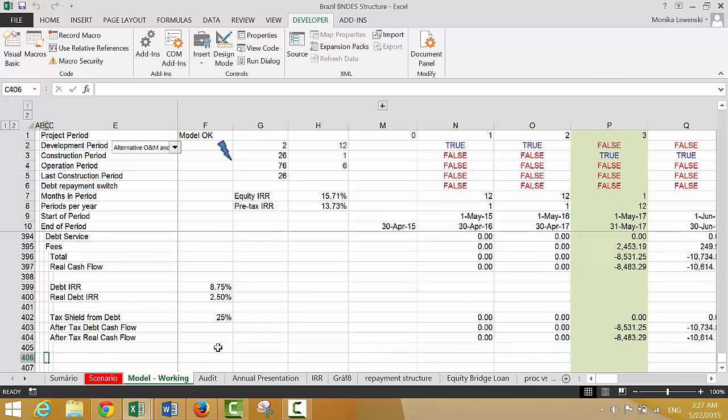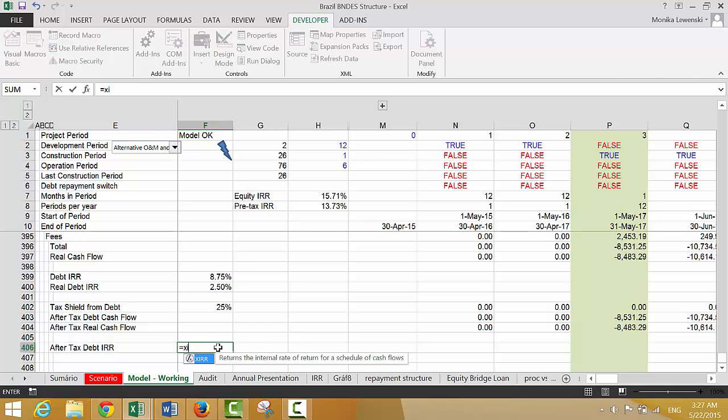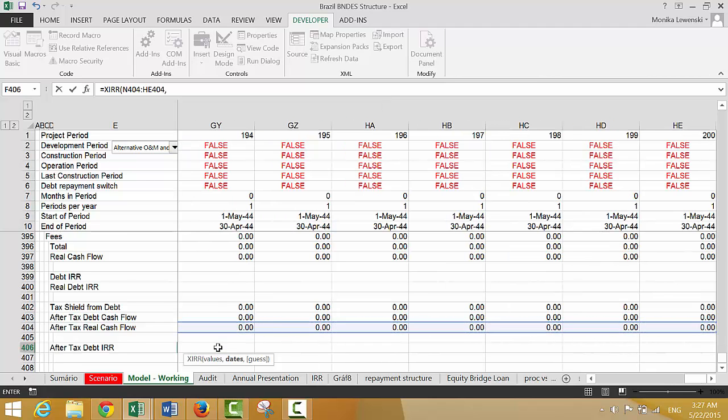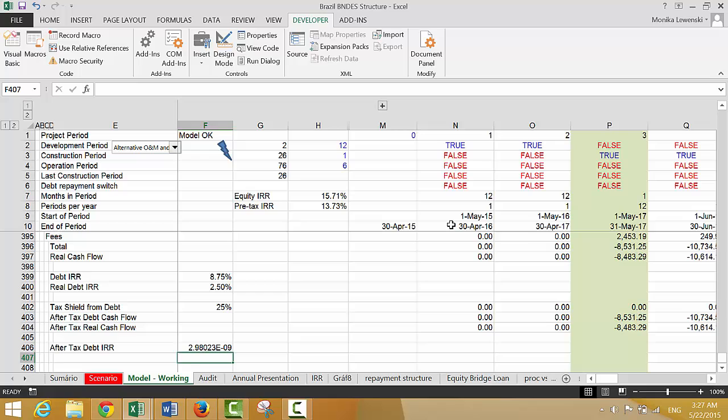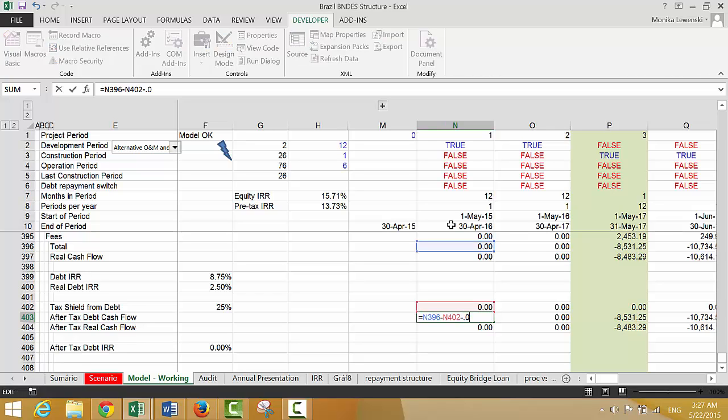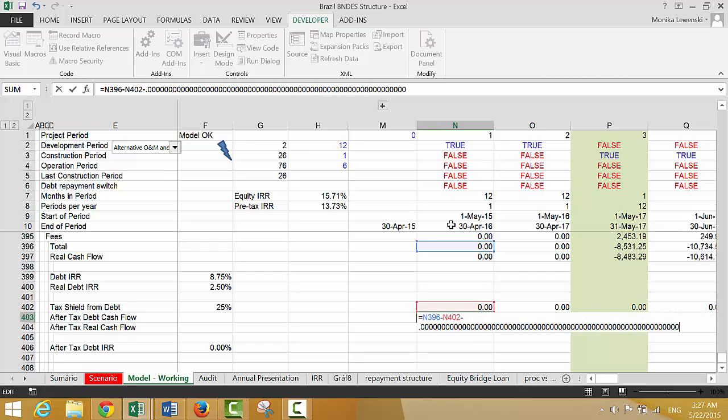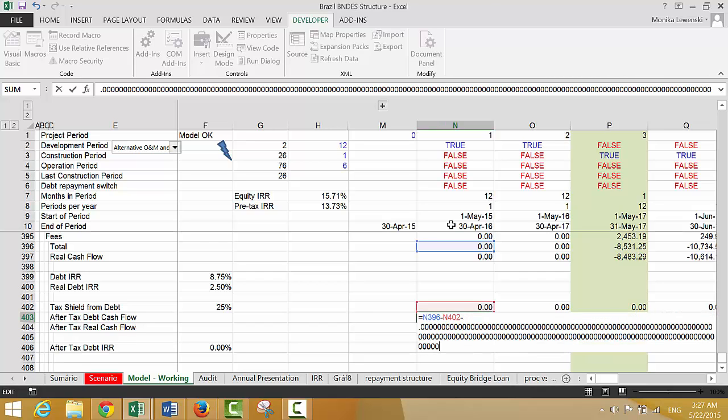So let's put debt after-tax debt IRR equal X. You know, I'm feeling guilty that a lot of times when I've computed the debt IRR before, after tax, I don't know if I've included that effect of the, did I put maybe minus 0.0000000000001?